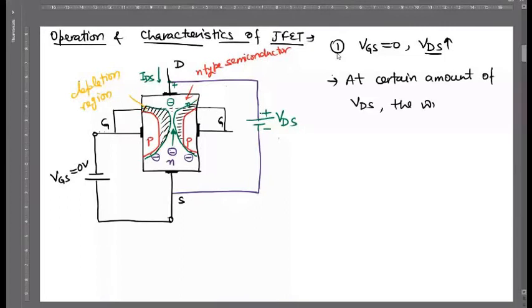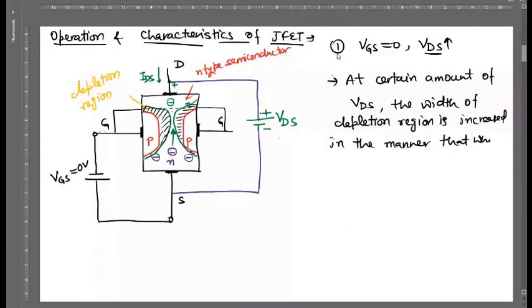The width of the depletion region is increased in such a manner that the whole channel is blocked. Understood?